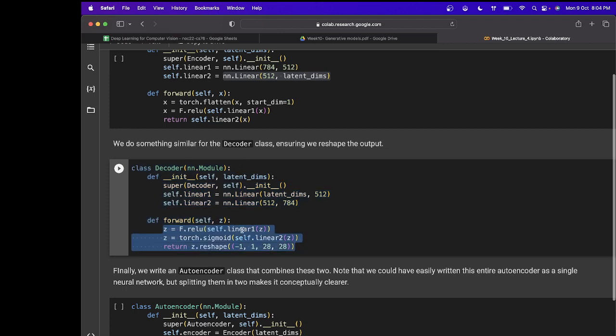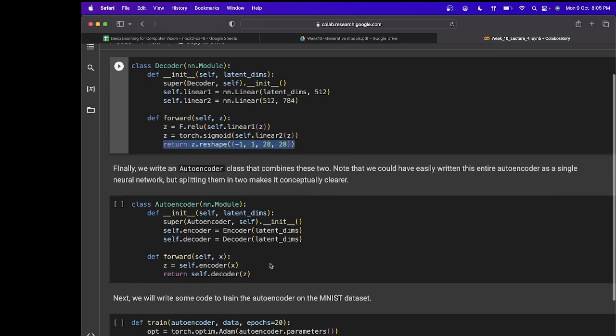You pass z through self.linear 1, which converts it to a 512 dimensional vector. To add the non-linearity, you pass it through the ReLU, and then you do this. So you now generate back the 784 dimensional vector, and now you are reshaping it to a 28 cross 28 image, right?